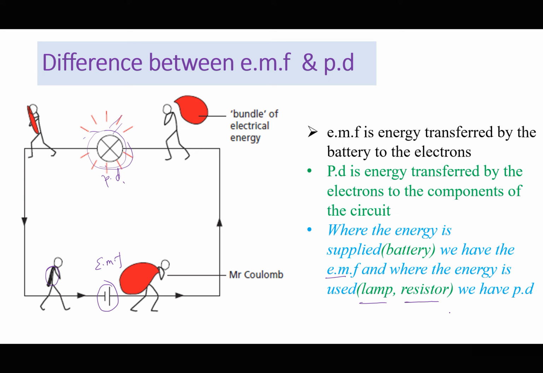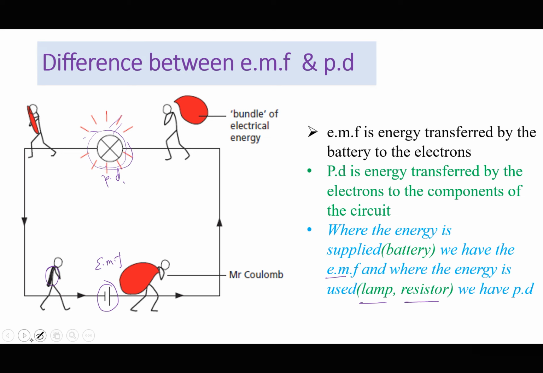So now we know the difference between PD and EMF. For PD, energy is transferred by the charges to the components in the circuit. Yet for the EMF, energy is transferred by the power supply to the charges or to the charge carriers.